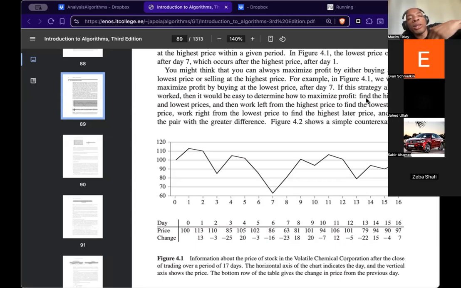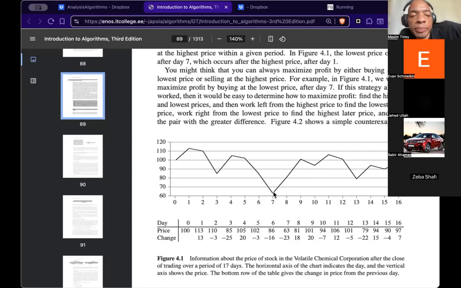You find the highest and lowest prices, and then work left from the highest price to find the lowest price that was prior, right? So you have this guy here, and you're looking for the lowest price going backwards. And you're finding that 7 was the lowest of all of the lows.